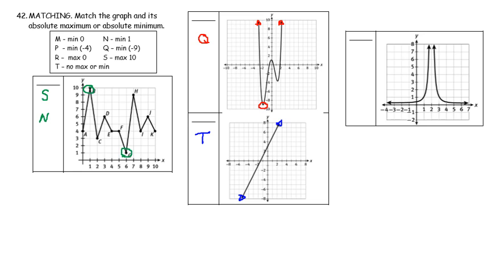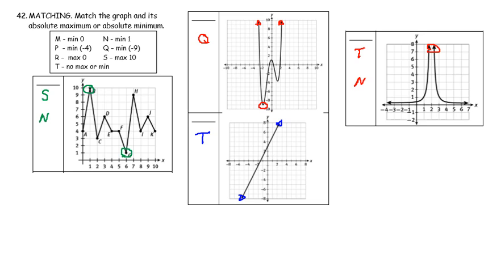All right, this one right here. As we see, they keep going up, so there's no maximum. And actually, this one is very difficult because the district says that the minimum is 0, but actually it never touches 0. So I actually disagree with this one. What the district says, I would personally say that it's T, no max and no min, but the district is saying that the minimum is 0.